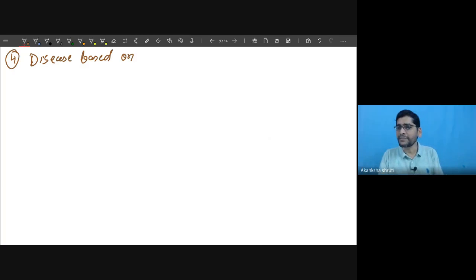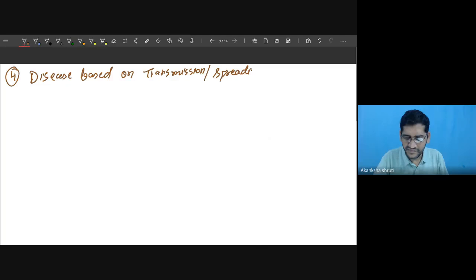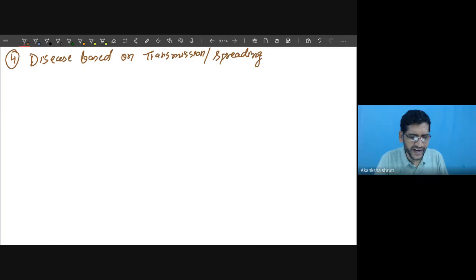The fourth category is based on the communicable diseases that we have learned, how they are transmitted: based on transmission, or their source, or spreading, how they are spreading.